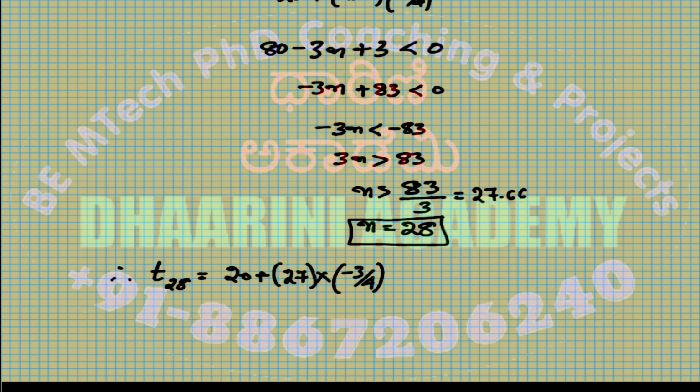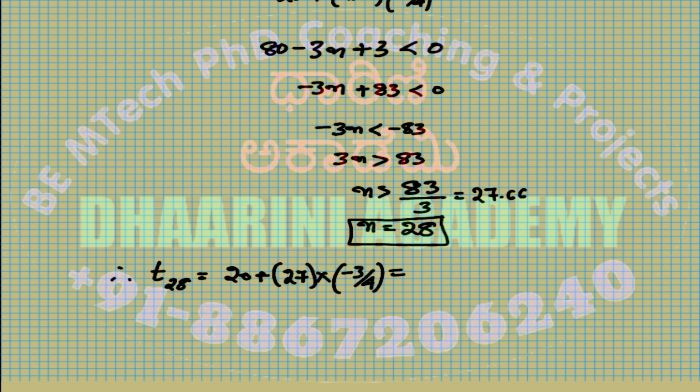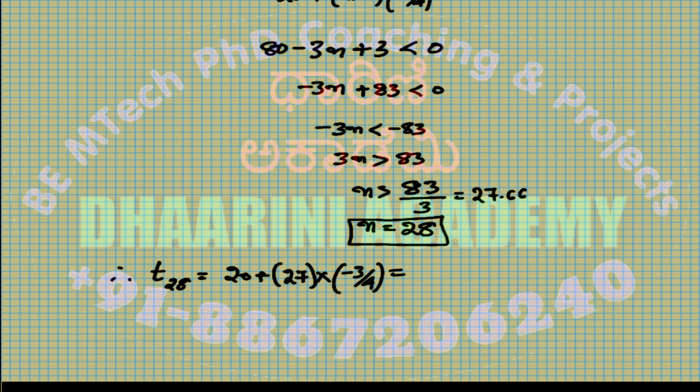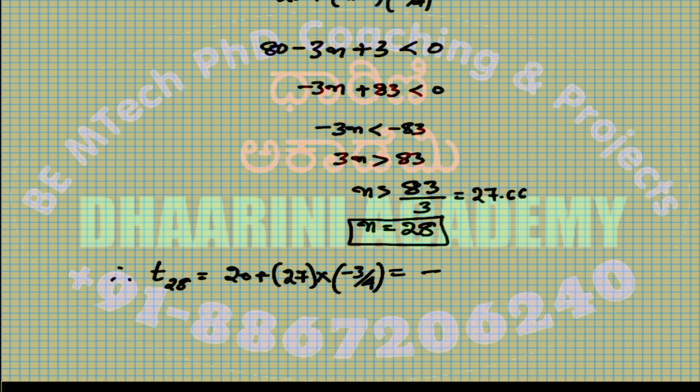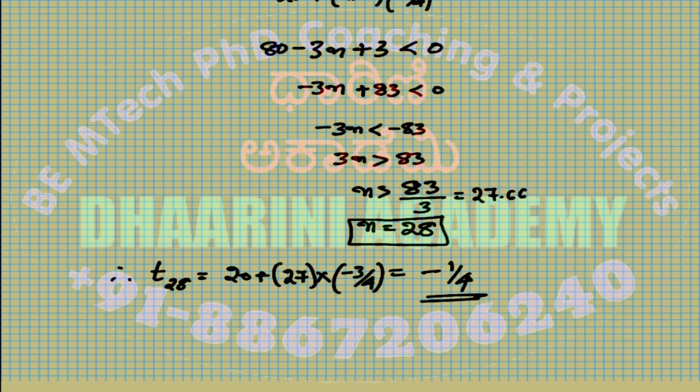So let us calculate this value. When we calculate, this comes to be minus 1 by 4. Obviously this is the first number on the negative side.